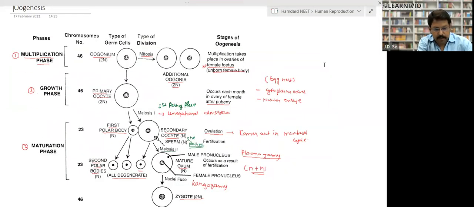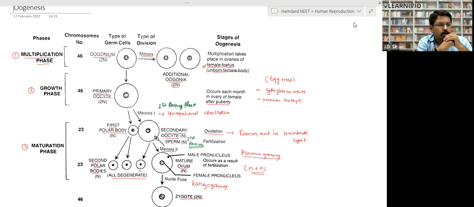I expect that after the class, take the screenshot right now, and after the class, draw it as it is visible to you on the screen, as it is, because this is the complete information. You won't get all this information at one point.